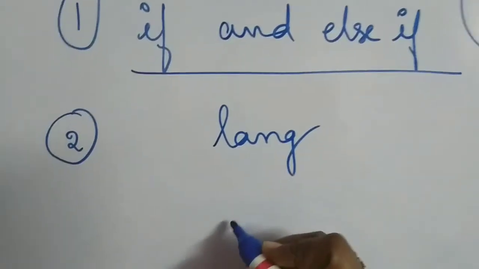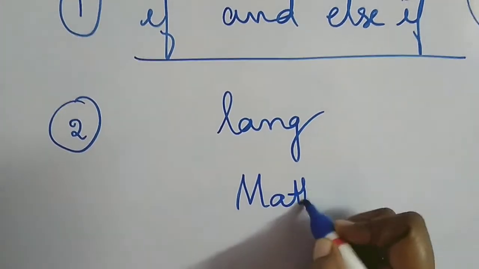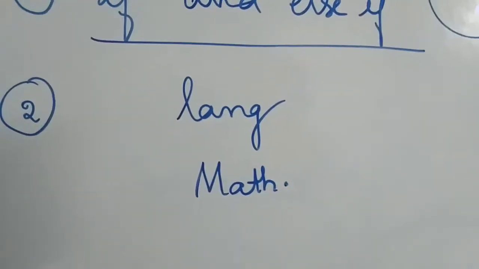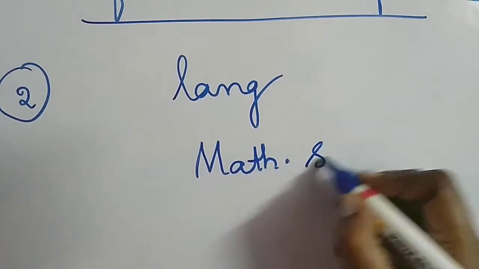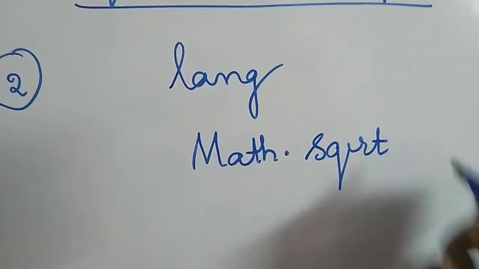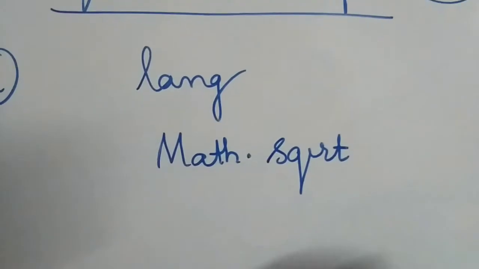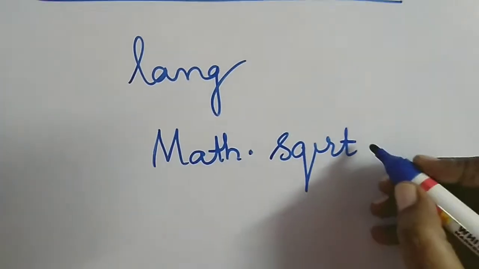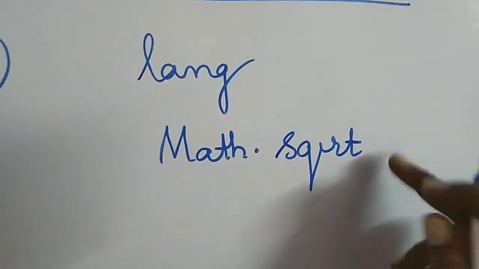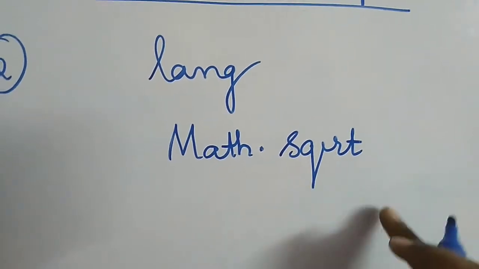In the lang package, there is a class which is the Math class. Inside this Math class, there is a static method, sqrt. This sqrt method will take a double as argument. So you have to pass a double value as argument and it will give the square root.